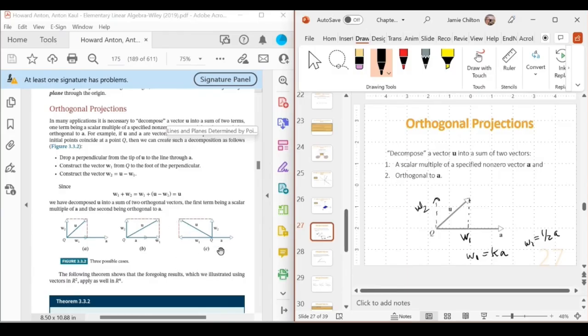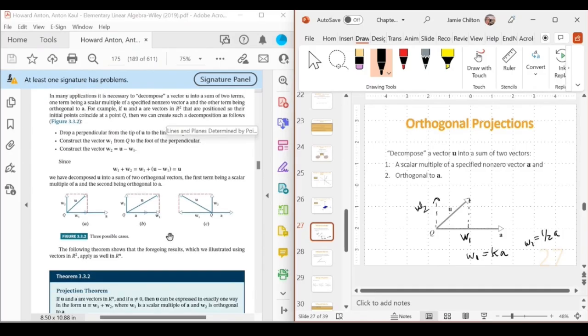Here, where u is in the opposite direction and we drop from its tip to the line through A, maybe W1 is about negative 2A. So just realize that W1 is going to be some sort of scalar multiple of A. And then you're going to form your other vector W2 that's perpendicular to W1.